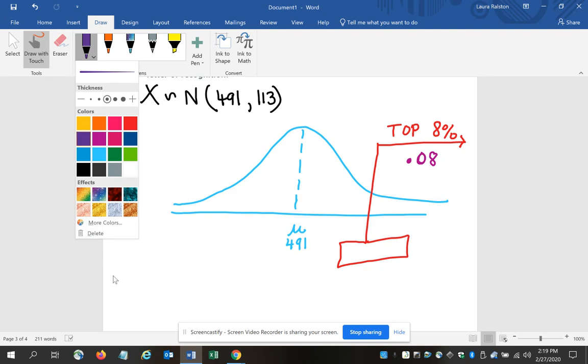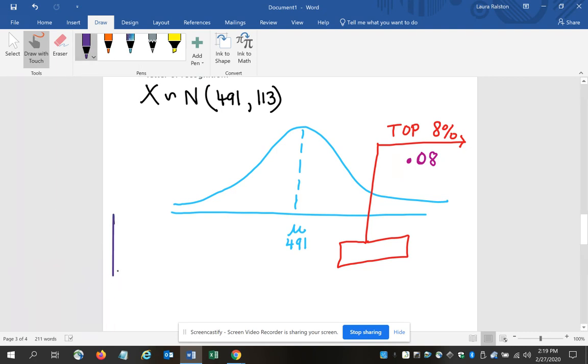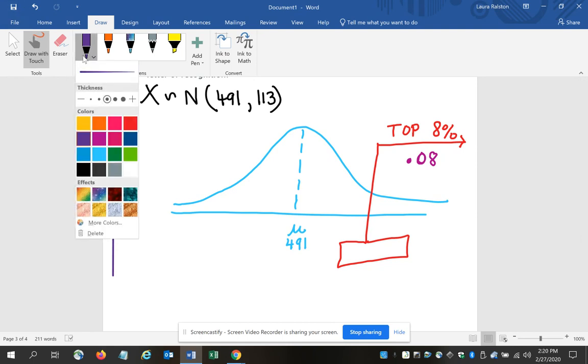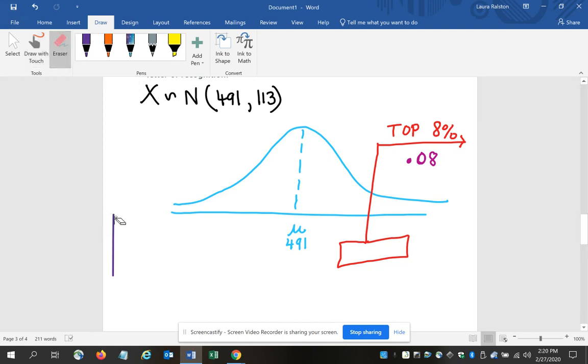The command for the calculator is inverse norm.